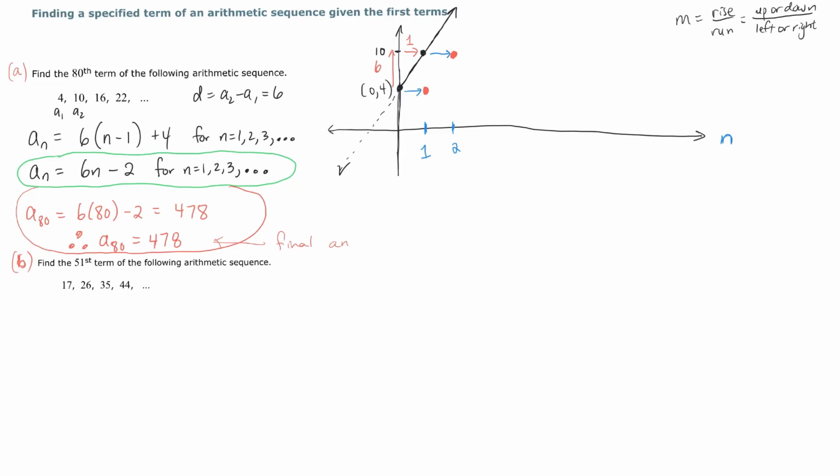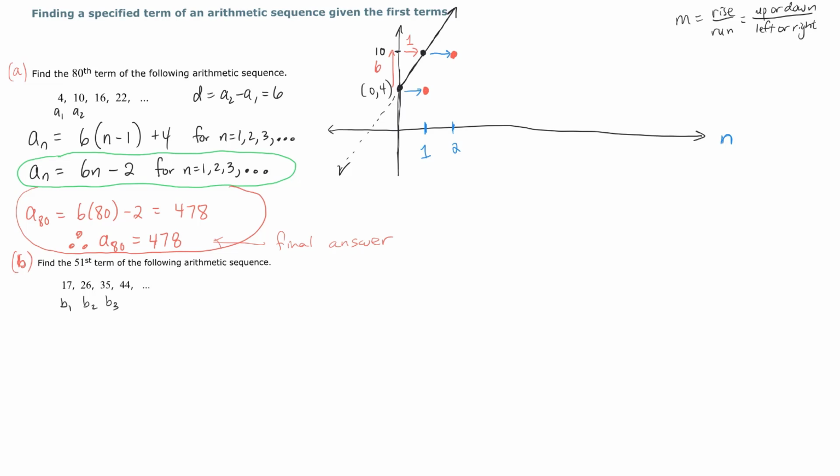Go ahead and try this technique with part B. You could pause the video right now and give it a try, and then if you need to check your answer, go ahead and hit play. This is going to be b sub 1, b sub 2, b sub 3.